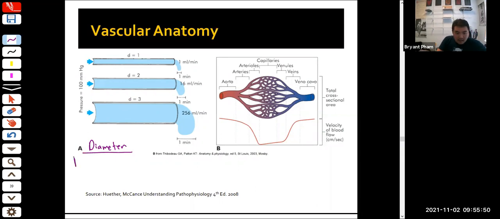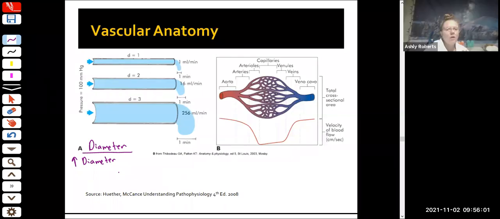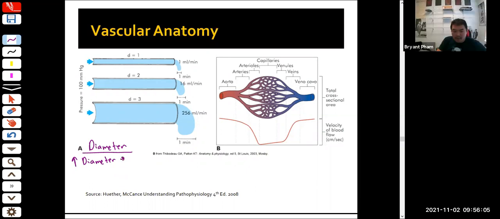If I increase the diameter, do I move more or less fluid? More. I can move more fluid with a greater diameter because there is less resistance.